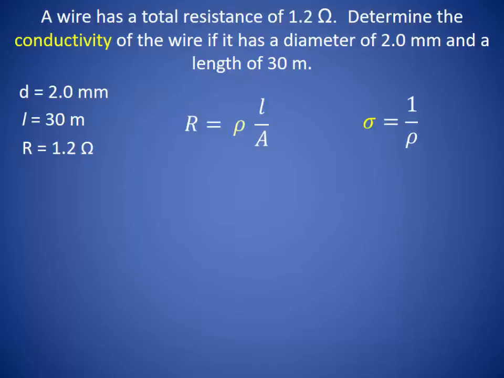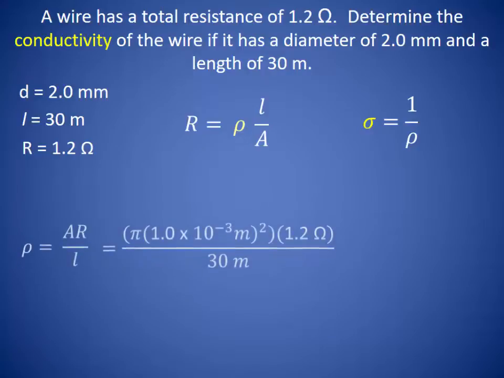So suppose we have a wire that has a total resistance of 1.2 ohms. Determine the conductivity of the wire if it has a diameter of 2.0 millimeters and a length of 30 meters. In order to find the conductivity, we have to know the resistivity. Since we don't know what type of wire, we can't just look that up. But we do know that we have a resistance and a length and some diameter of wire that we can use to find the area.